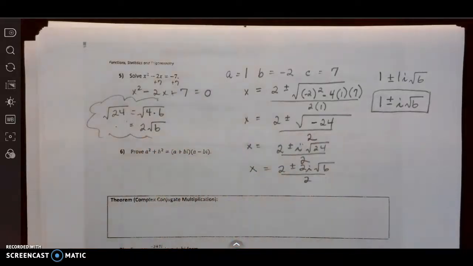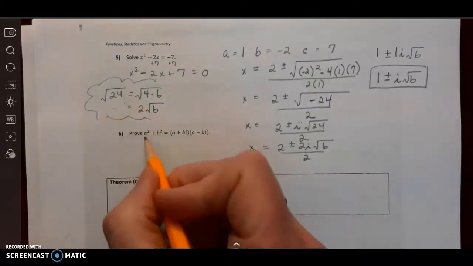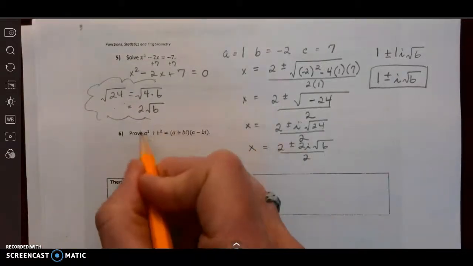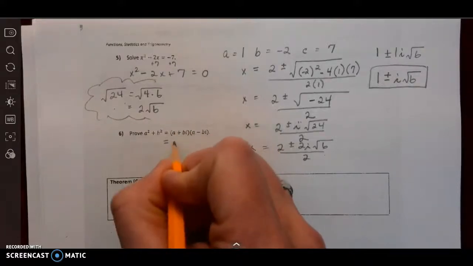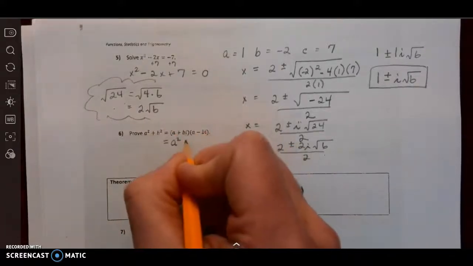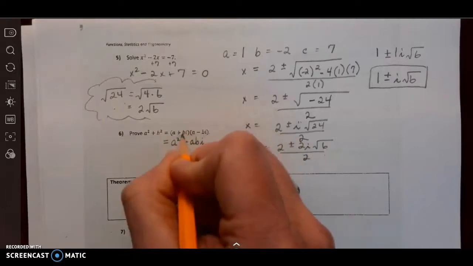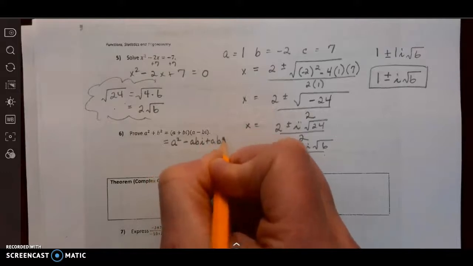All right, let's look at number 6. Number 6 asks us to prove that a squared plus b squared equals this. So I'm just going to leave the left side and I'm going to FOIL the right. A times a is a squared. A times negative bi is negative abi. Bi times a is positive abi.